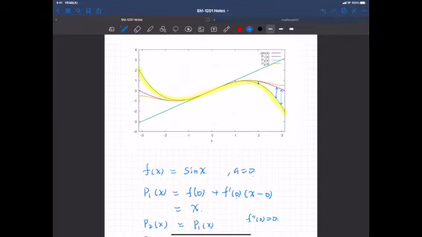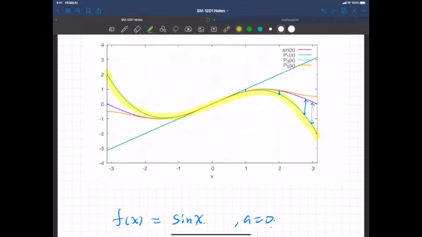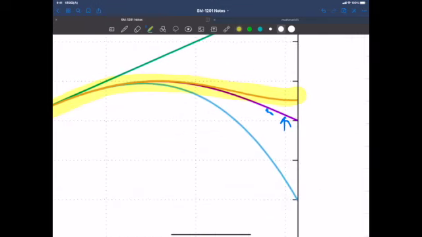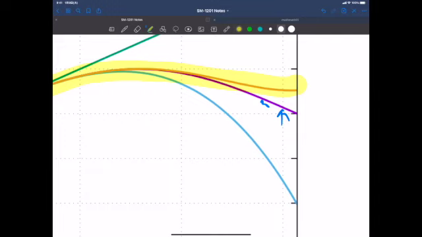Now let's look at p5, which is the yellow line. This one, it's gold line. So now this approximation is a lot better than the cubic line.